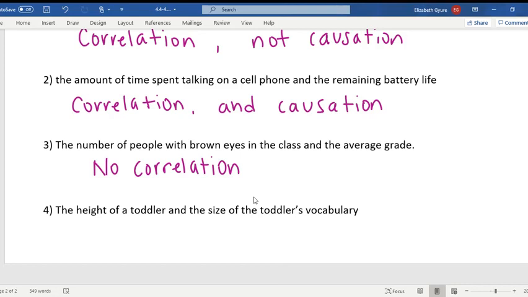But does you getting taller necessarily automatically increase your vocabulary? No. So this is another example of correlation, but not causation, right? As you get older, you get taller, your vocabulary increases. A relationship's possible, but you being tall doesn't necessarily increase your vocabulary. So I would say correlation, not causation.